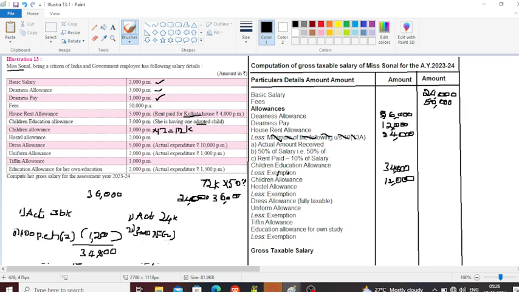That is nothing but 3,600. Whichever is the least of these two is 3,600. If you subtract from 24,000, we will get 20,400. 20,400 is the taxable hostel allowance. Let me write here 20,400.